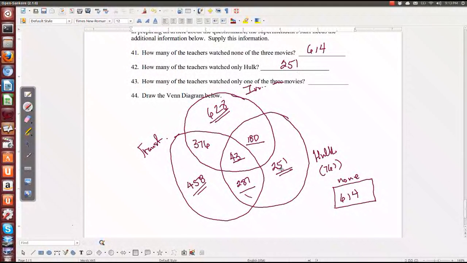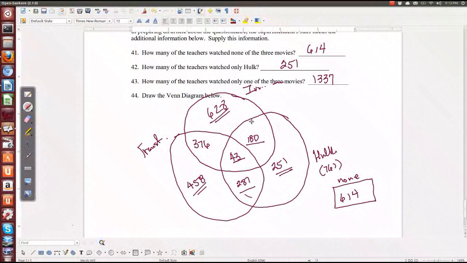And if I combine the 251 who watched only the Hulk, the 628 which watched only Iron Man, and the 458 which watched only Transformers, I end up with 1,337 people who only watched one of the 3 movies.